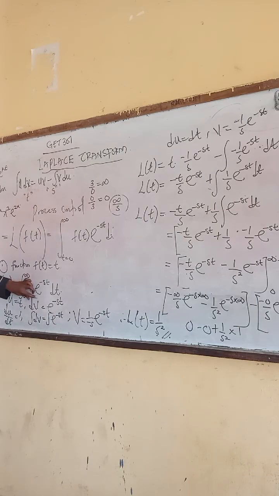After I choose dv equals to this, I know that in my formula I need v there. So once you get v from dv, you integrate it, so you get your v. If you get your u, you just differentiate it, so that's another function.